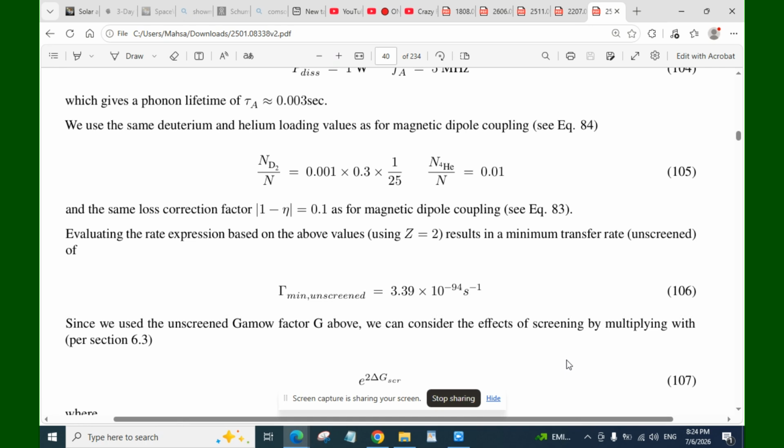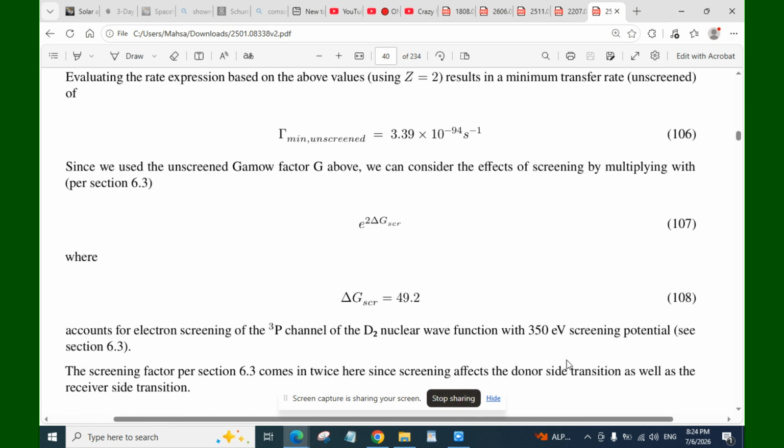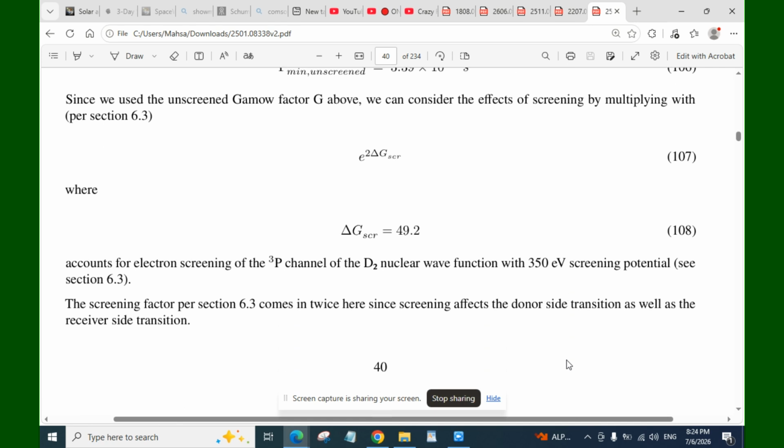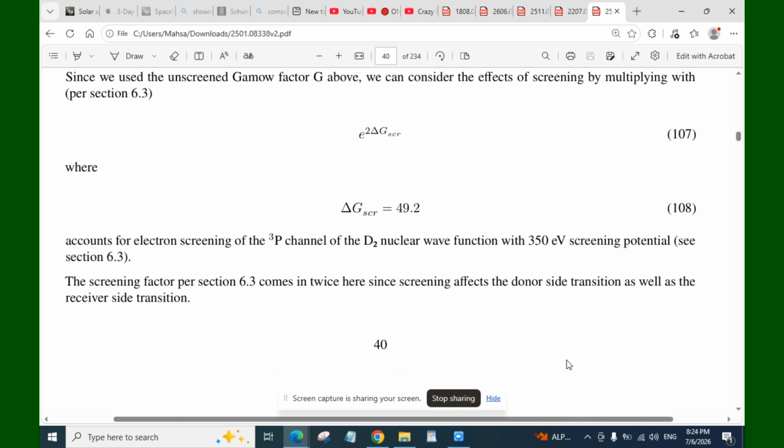Since we use the on-screen gamma factor above, we can consider the effects of the screening by multiplying with e to the power of 2 delta G screen, where delta G screen is equal to 49 minus 0.2. This accounts for electron screening of the three channel of the deuterium nuclear wave function, with a 350 electron volt screening potential.